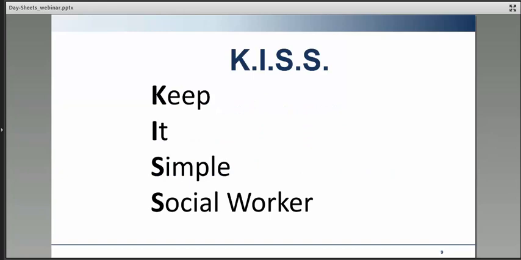So with that being said, one of the most important things that I can offer to you going forward is the KISS model and the KISS mentality. Keep it simple, social worker. As I mentioned, there are thousands of possible combinations between service and program codes. What we want you to do is keep it as simple as possible.